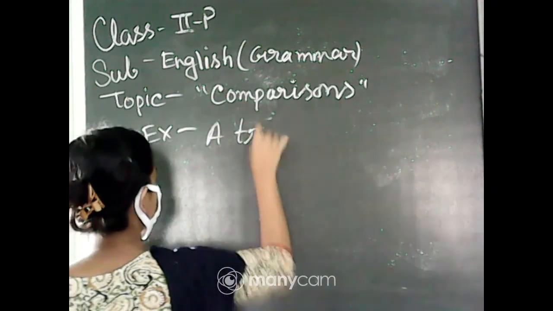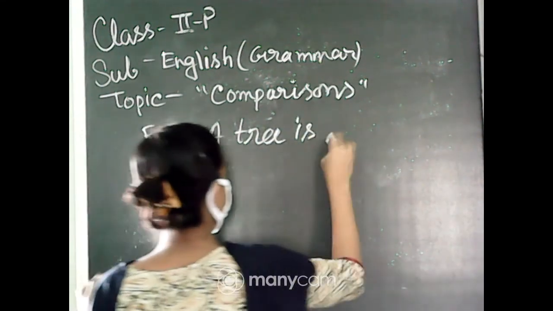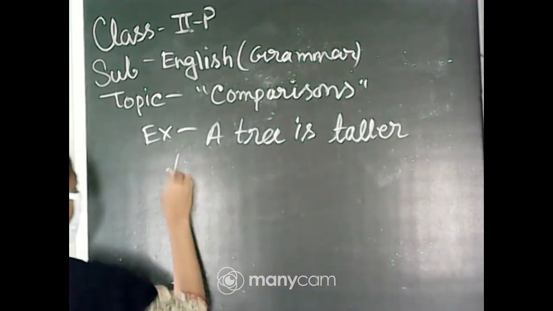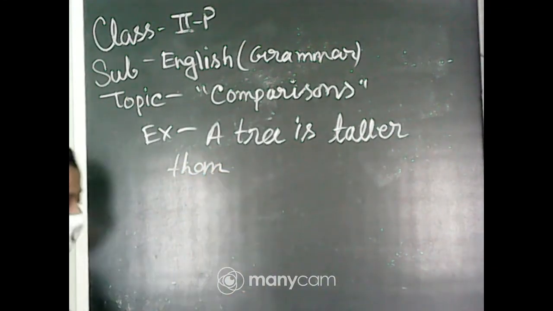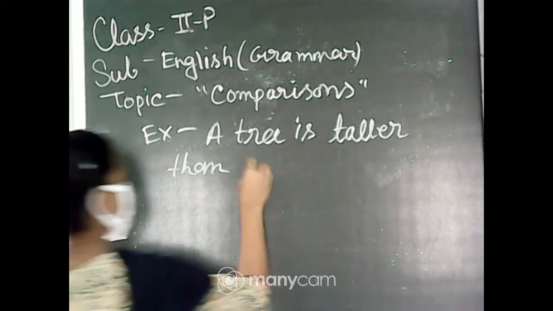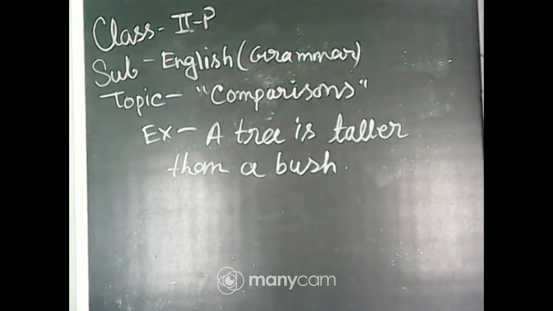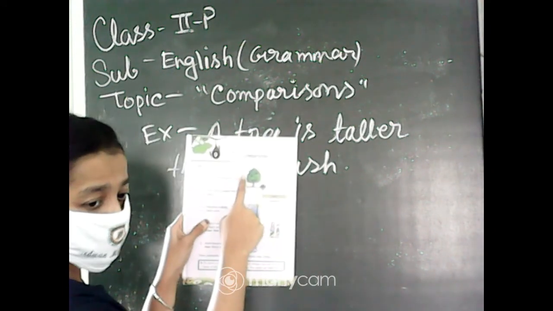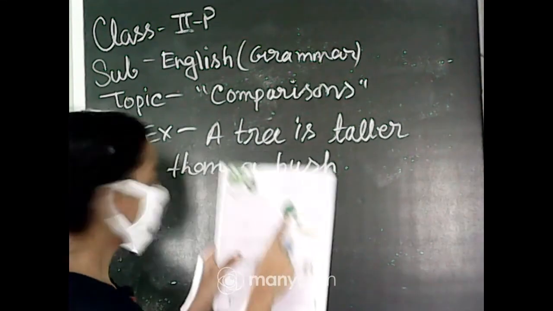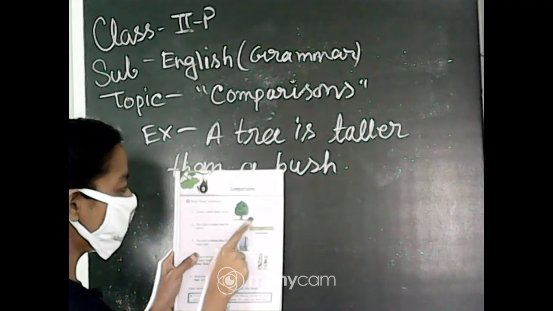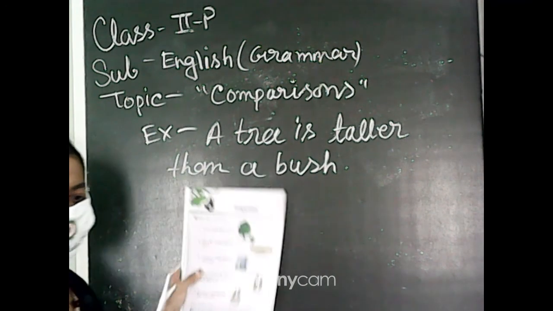A tree is taller than a bush. We can also see here in this picture that this tree is taller than this bush.